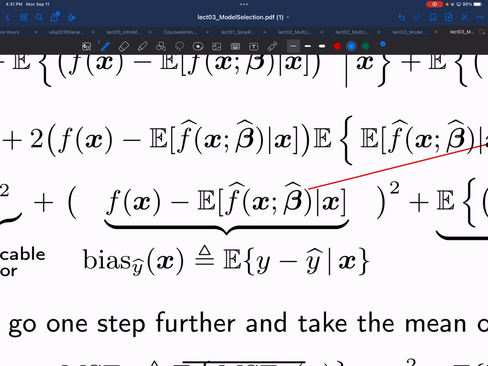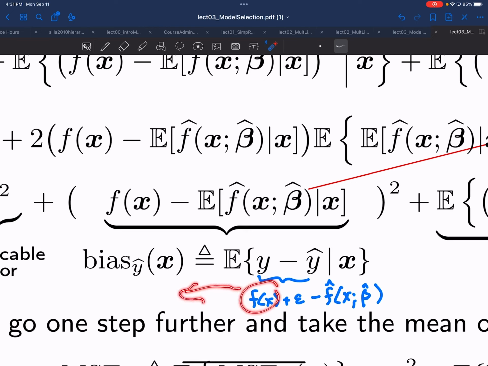Inside here, we have f of x plus epsilon minus f hat of x and beta. This is just from the definition of y and the definition of y hat. Because I'm conditioning on x, I can pull this out, which gives me this.